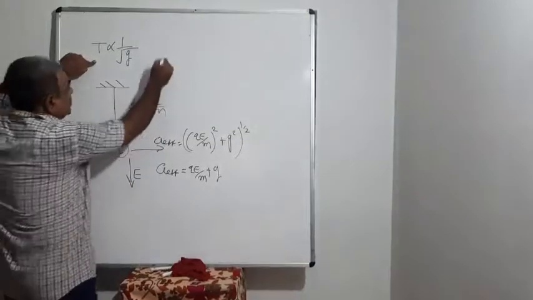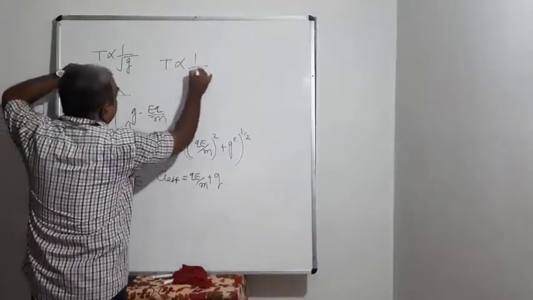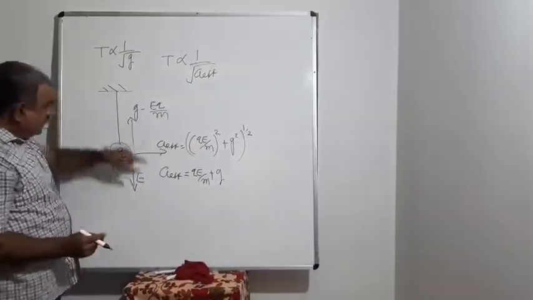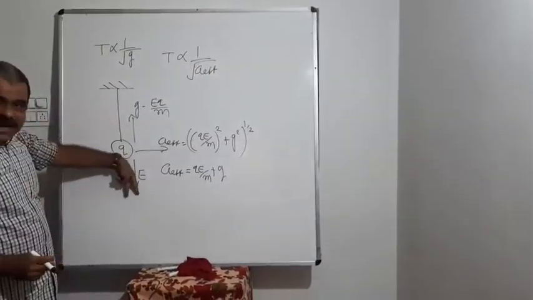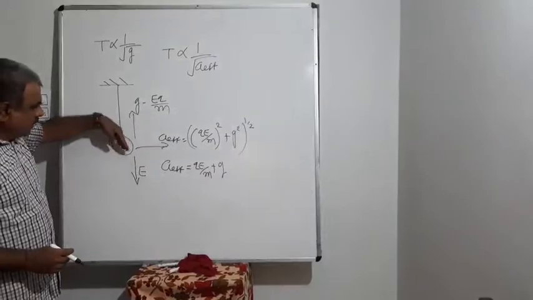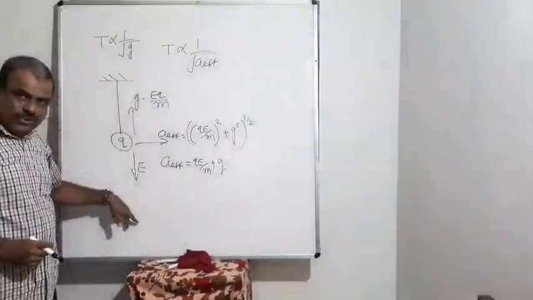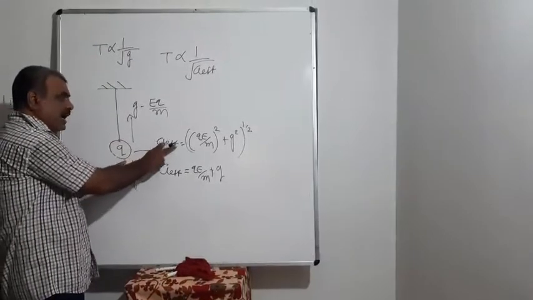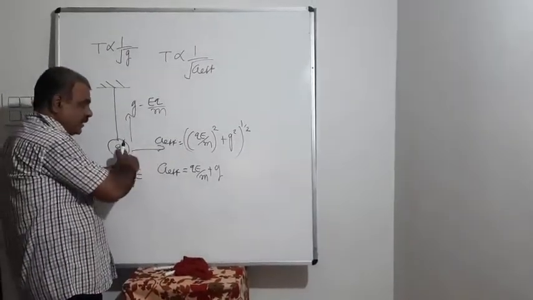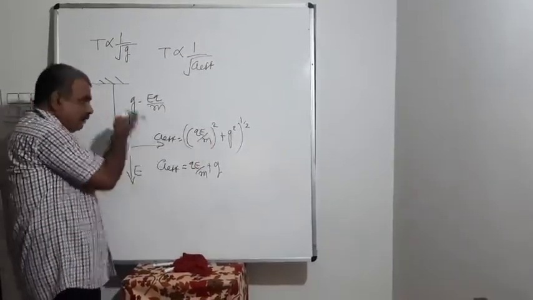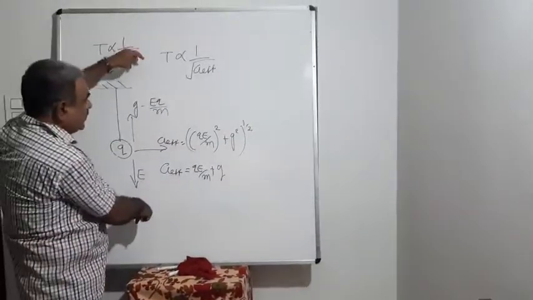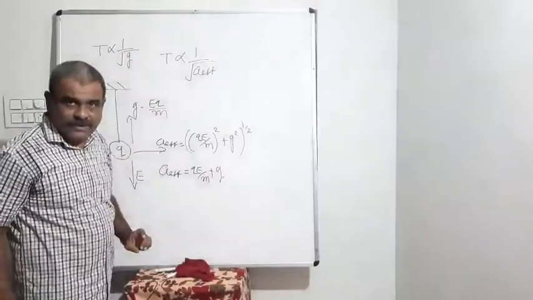And in that case, T will be proportional to 1 by root of A effective, not G. Here, both vectors are parallel. G is downward. Acceleration due to electrical field is also downward. So I have added directly. Here, both vectors are perpendicular. Which both vectors? Acceleration produced due to electrical field and gravitational acceleration. In third case, they are opposite to each other. So prepare this concept properly.